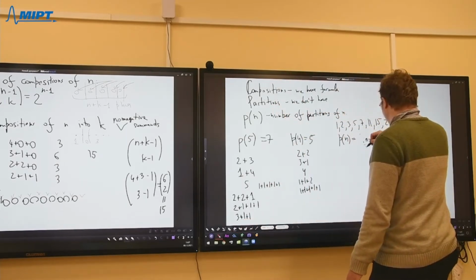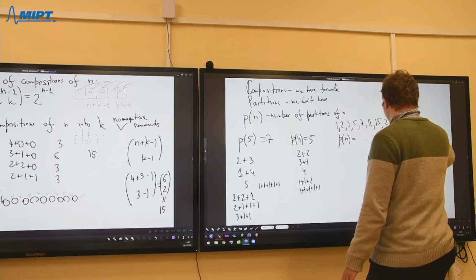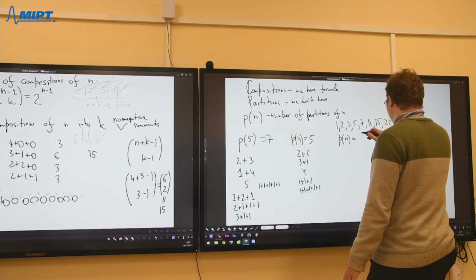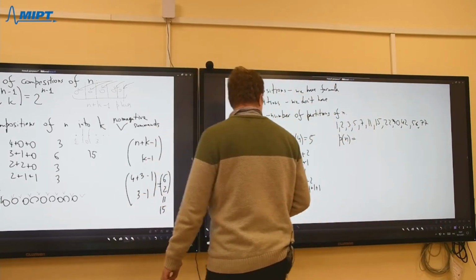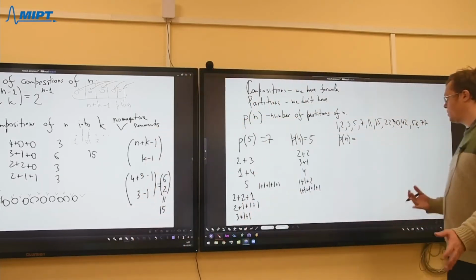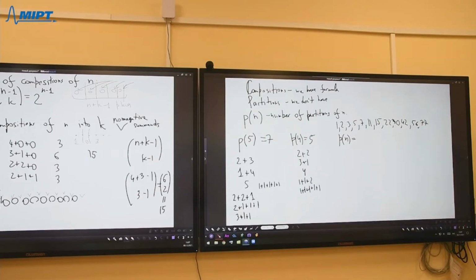make additional denotations and write the set of the summands from which we construct the partition.